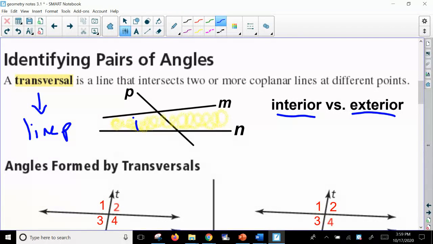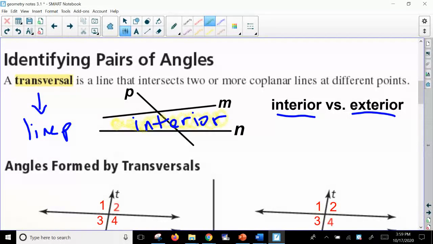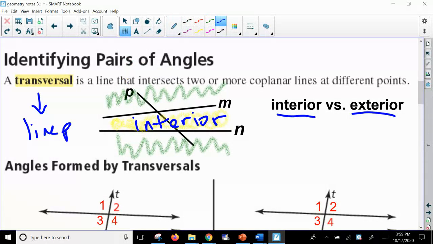In between the two parallel lines are interior. Outside of the parallel lines is exterior. All of this up here and all of this down here, that's exterior. And that's important. It was hard for me to write on here. And that's also exterior.